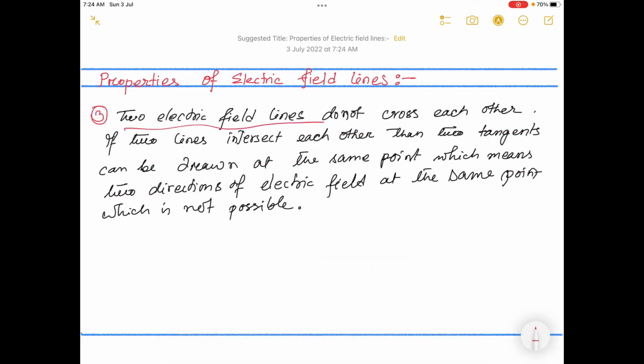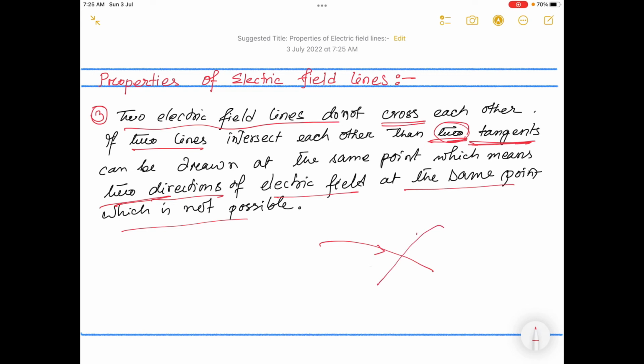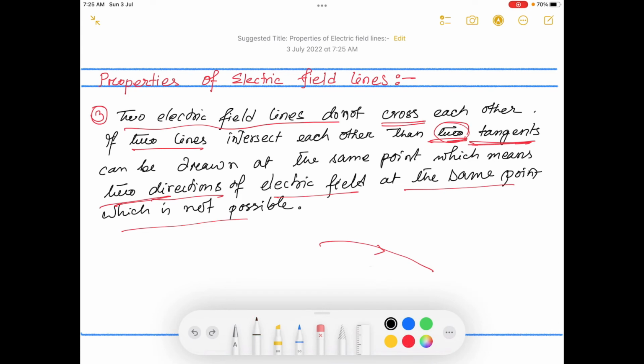The next property says that two electric field lines do not cross each other; they never intersect. If they do, what happens? If two lines intersect, then at the same point we can draw two tangents, and two tangents mean two directions of electric field at the same point, which is not possible. Suppose this is an electric field line and there is another electric field line, and they intersect. Let me draw this one in black.